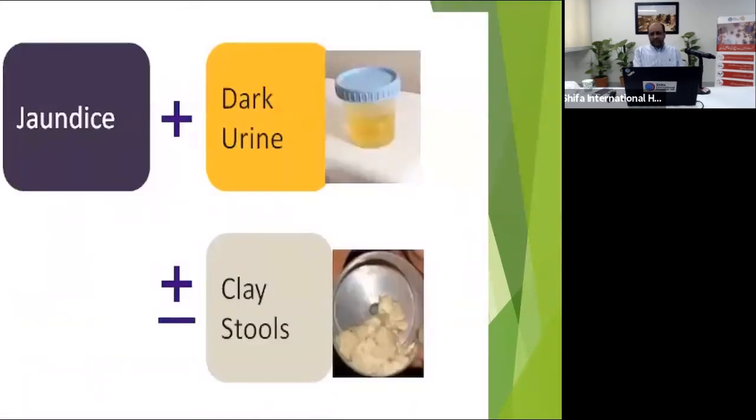So one thing I can mention is that the urobilinogen will pass, as I have mentioned in the very first slide. So you will see the dark urine, and you will see the pale stool, clay color stool or not.